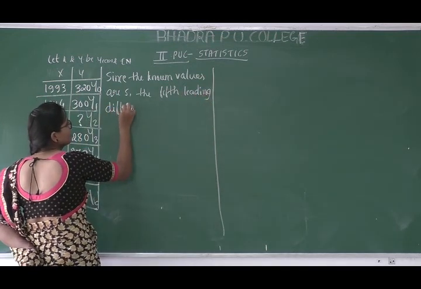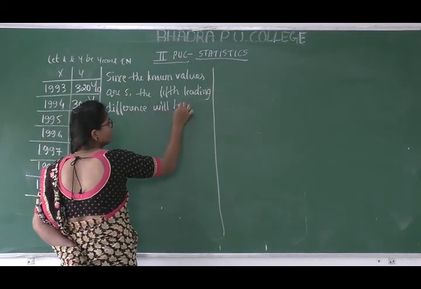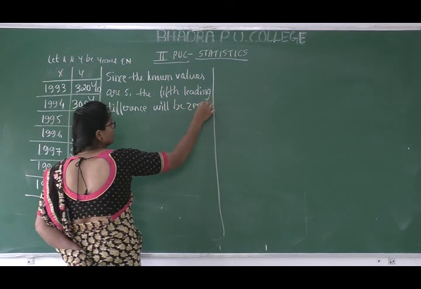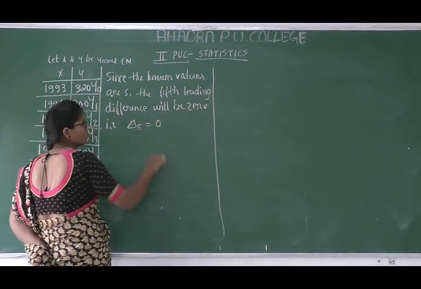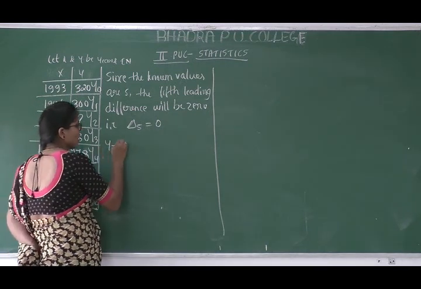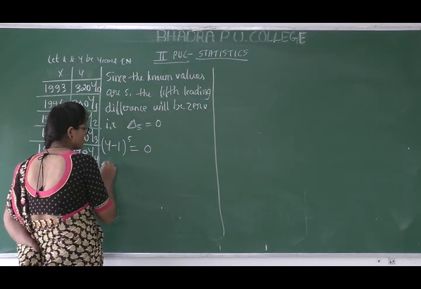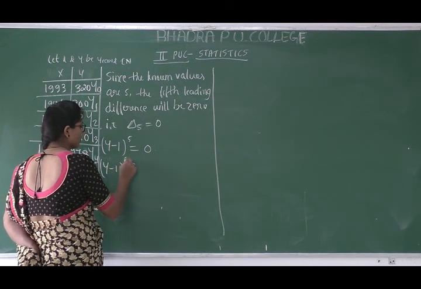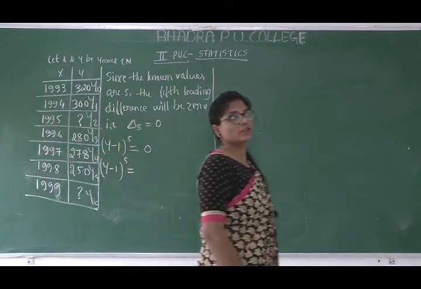That is delta to the power 5 y is equal to 0. Therefore y minus 1 whole to the power of 5 is equal to 0. We have to expand this equation and write it.